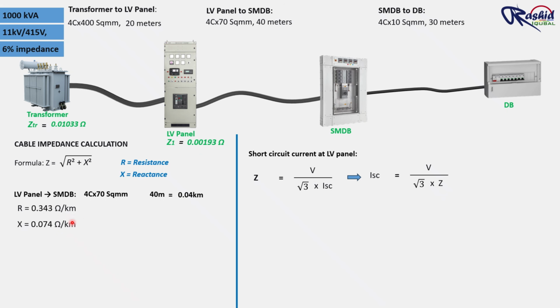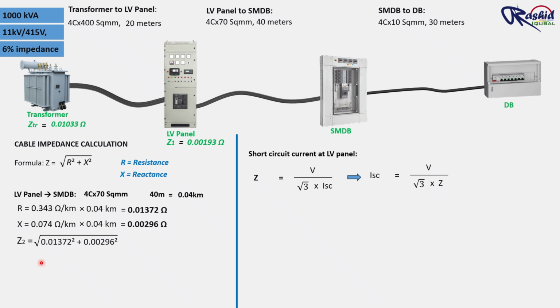Multiplying resistance by 0.04 gives 0.01372 ohms. And multiplying reactance by 0.04 gives 0.00296 ohm. Now substitute these values in the above formula.